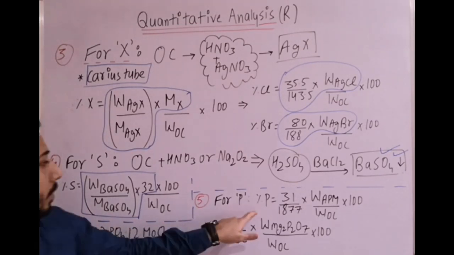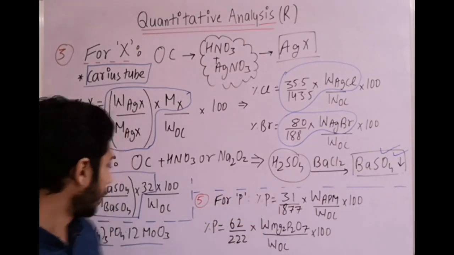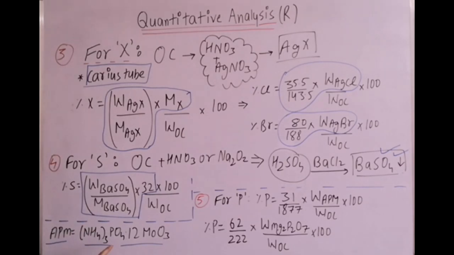So if it is ammonium phosphomolybdate, what will the percentage of phosphorus be? In that molecule there is only one phosphorus, so whatever are the moles of this precipitate will also be the moles of phosphorus, multiplied by the atomic mass of phosphorus, which will give you the mass of phosphorus.